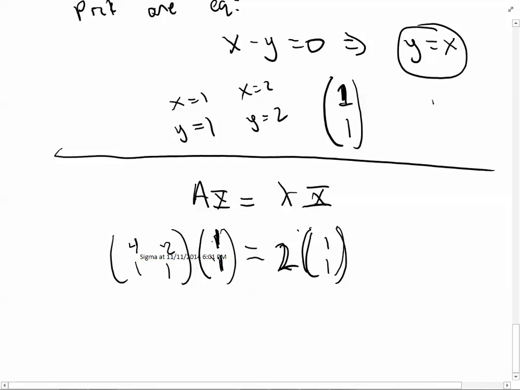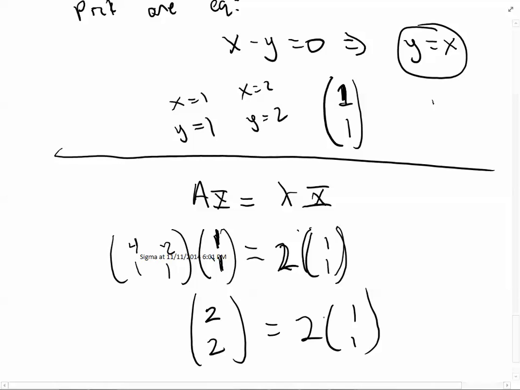And notice that this pans out: 4 times 1 is 4, negative 2 times 1 is negative 2, 4 minus 2 is 2, 1 times 1 is 1, 1 times 1 is 1, add them together you get 2, and that is in fact the case that 2, 2 equals 2 times 1, 1. So I found that the slope at each vector is double whatever the values of my vector are.